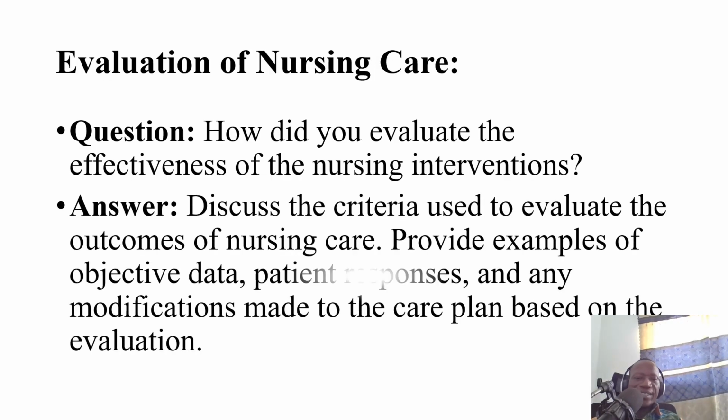What it means is that you are going to discuss the criteria used to evaluate the outcome of the nursing care and provide examples for the objective data, patient response, and any modification made to the care plan based on the evaluation.